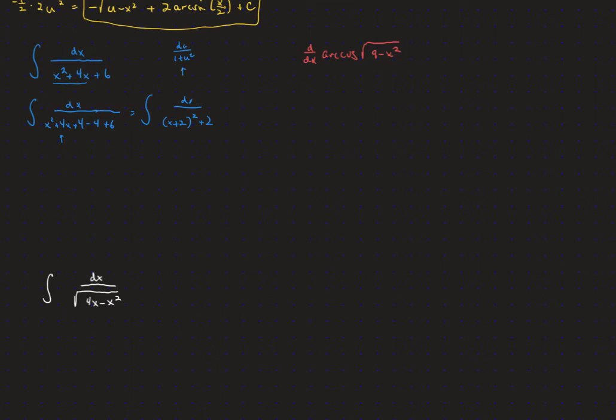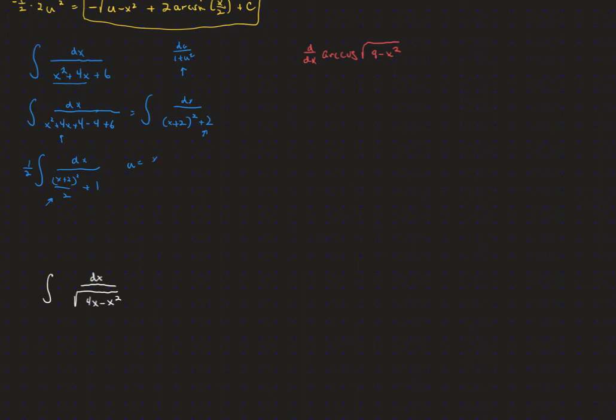Now we're headed towards this du over 1 plus u squared, so we need to make that 2 be a 1. So we're going to factor a 2 out of the denominator, pull it all the way outside the integral as 1/2. And now what we've got is that x plus 2 squared over 2 plus 1. This x plus 2 squared over 2 is going to be our u squared in our u substitution.